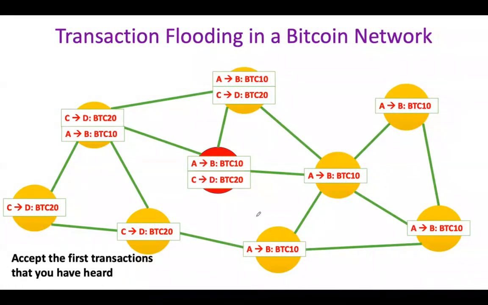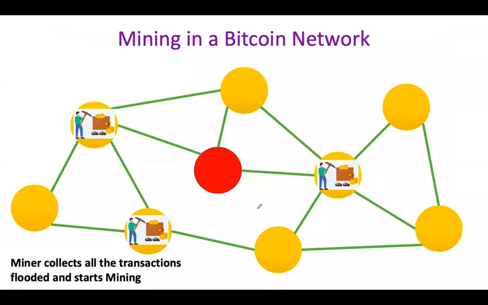So accept the first transactions that you have heard, and then collect all those transactions. To get the reward, the miners will receive and keep all those transactions with them to create a new block. So the miners collect all these transactions and start mining the collected transactions as a block.